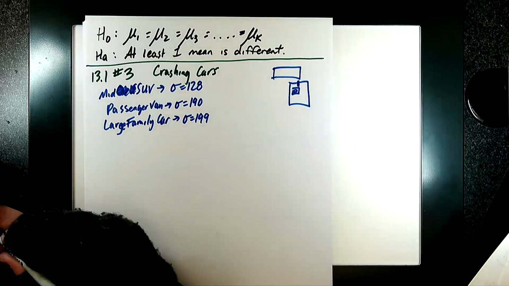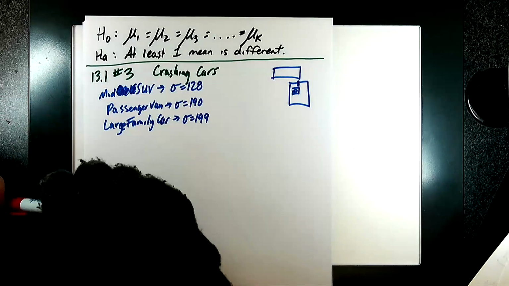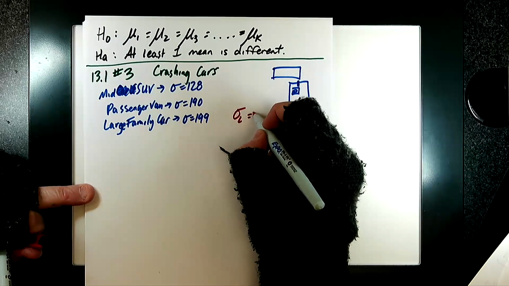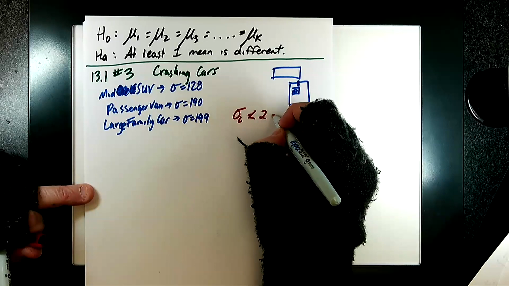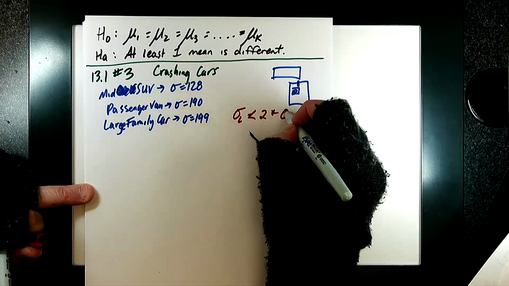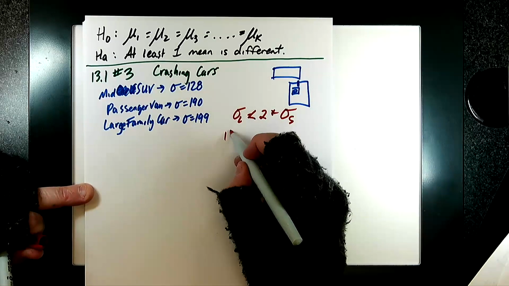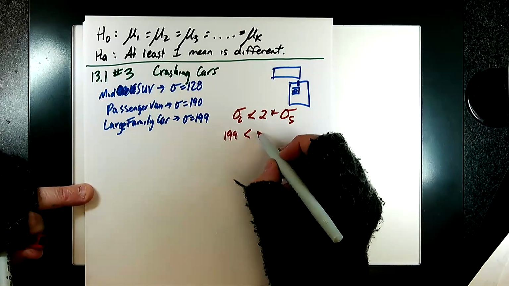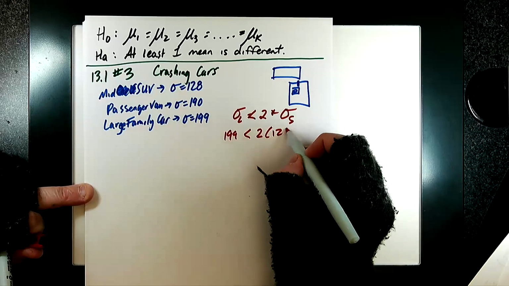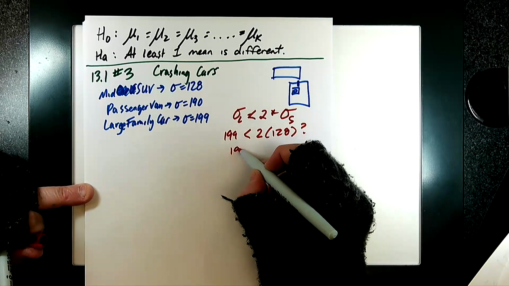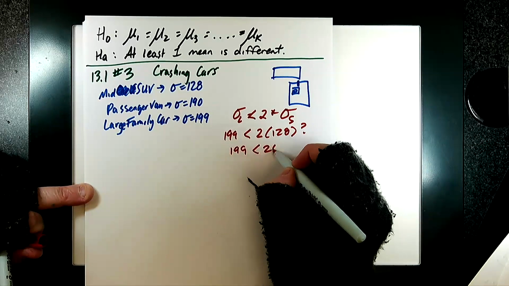So to make sure this works, the largest has to be less than 2 times the smallest. The largest here is 199. Is that less than 2 times 128? 2 times 128 is 256.